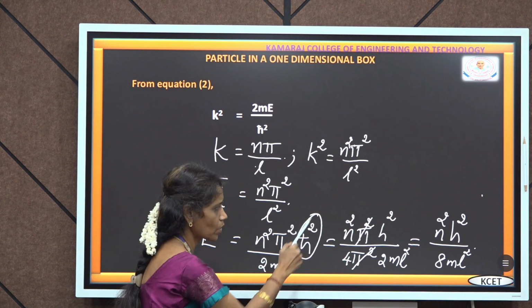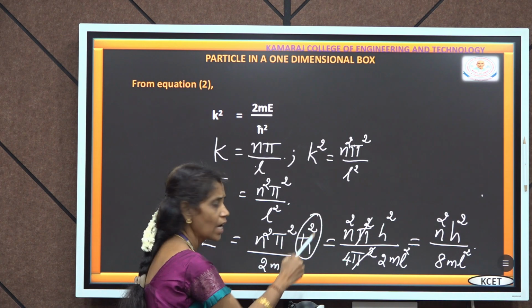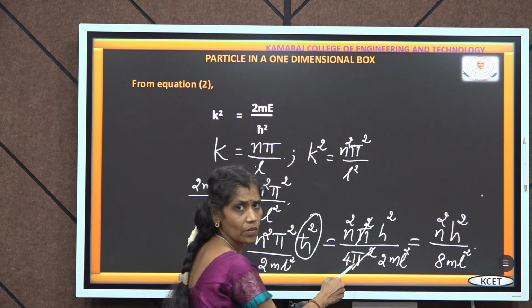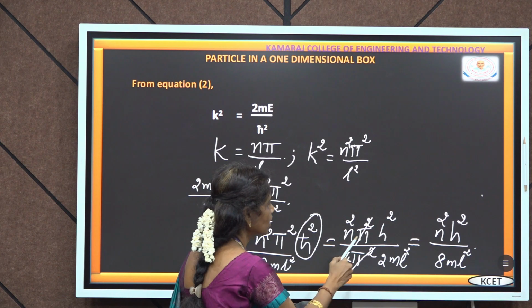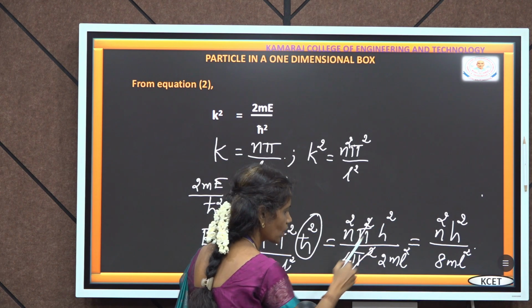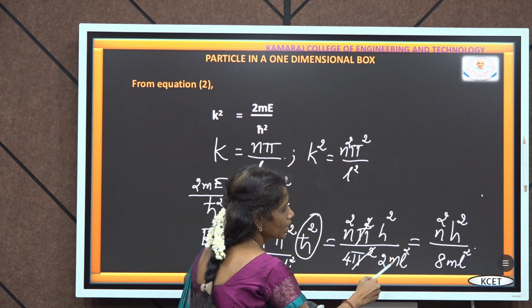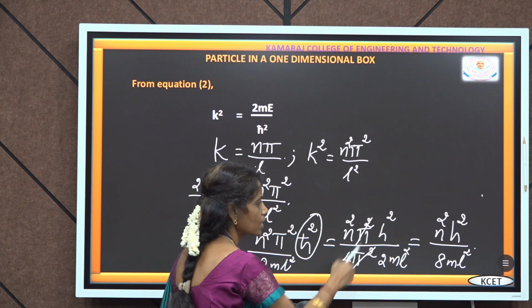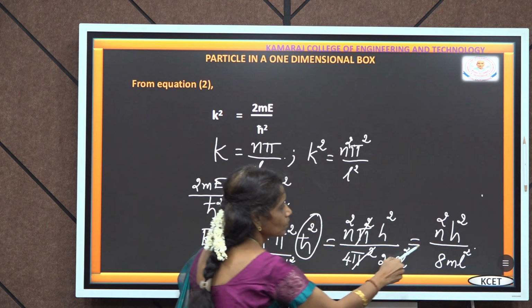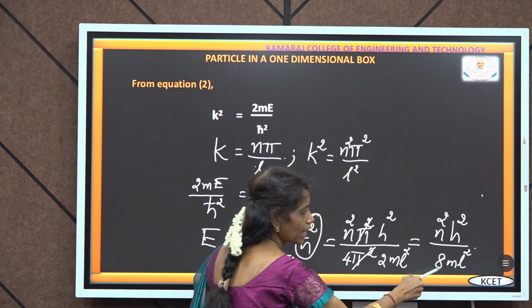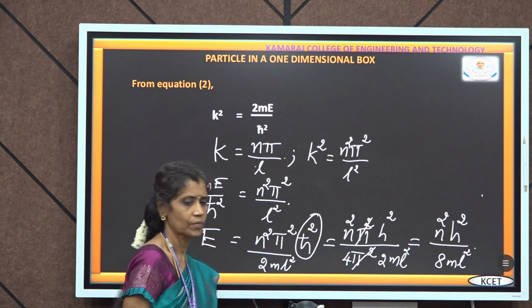Instead of h cross square, I am substituting h square by 4 pi square. So this equation becomes n square pi square h square divided by 4 pi square into 2 into m L square. On cancelling the pi square value, we get the equation as n square h square by 8m L square.